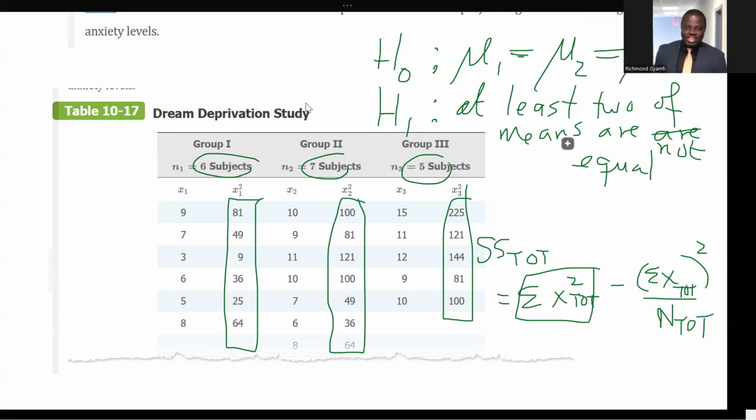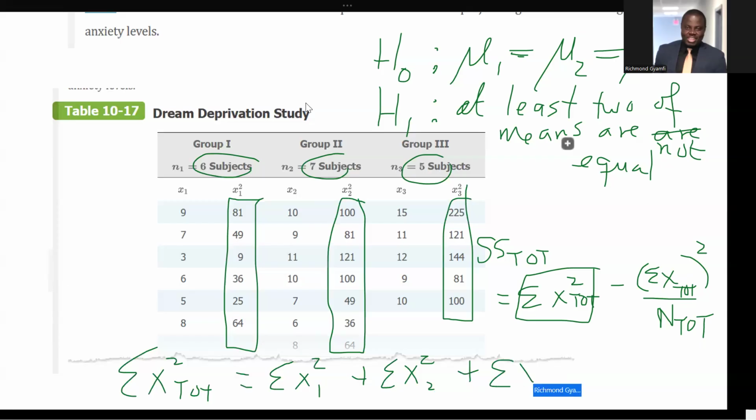In other words, summation of x squared total is going to be summation of x squared for group 1 plus summation of x squared for group 2 plus summation of x squared for group 3. So add all of them together.